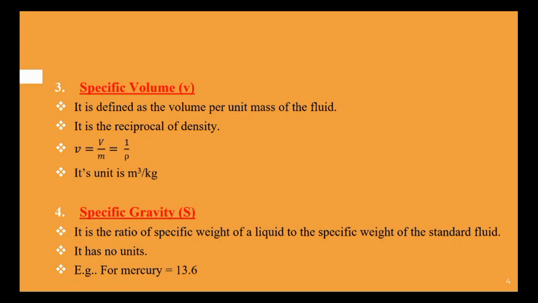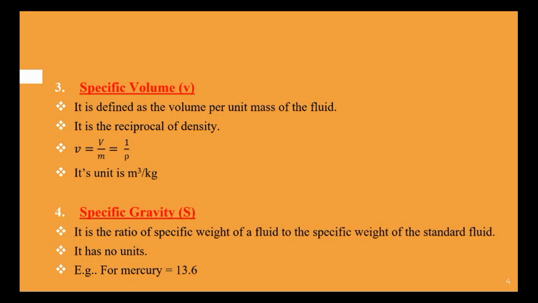We know that mass by volume, that is m by v, is density rho, hence v by m can be written as 1 by rho, and it is given in the third line that small letter v equal to capital V divided by m, that is equal to 1 by rho. From this, we can say that specific volume is the reciprocal of density. Its unit will be meter cube per kilogram.